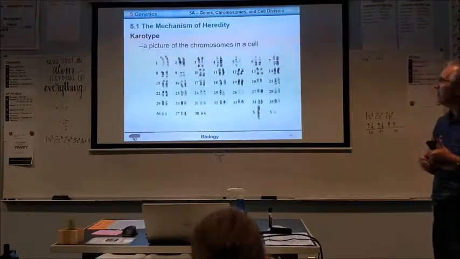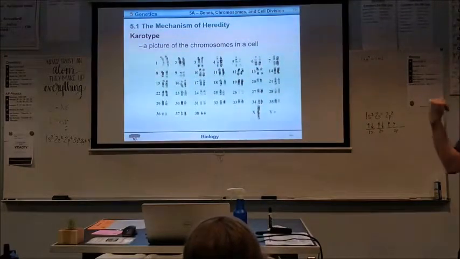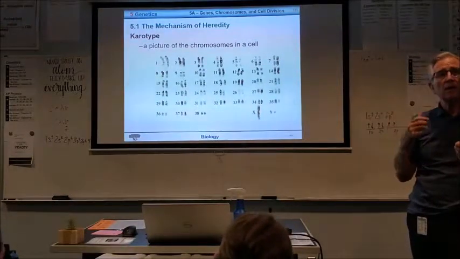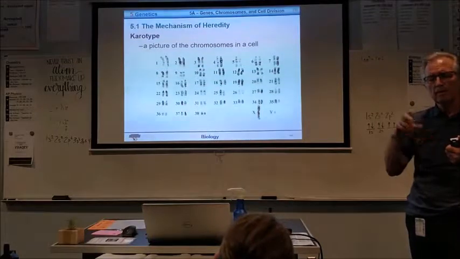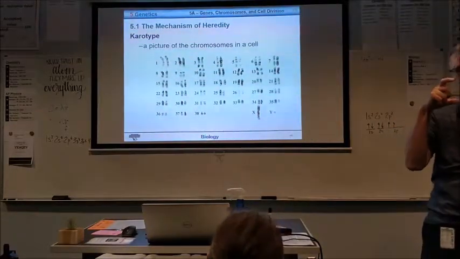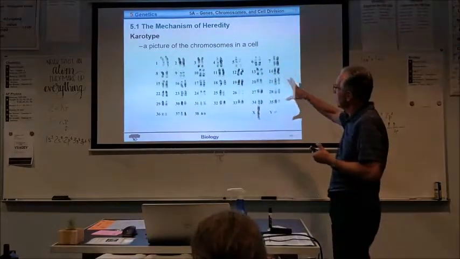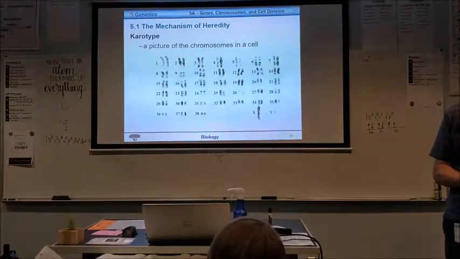This picture right here is if they were to take a cell, and this would be a human cell that was dividing, and stain the cell so they could see the individual chromosomes, and then take pictures of it. Then they take these pictures and arrange them from largest to smallest.